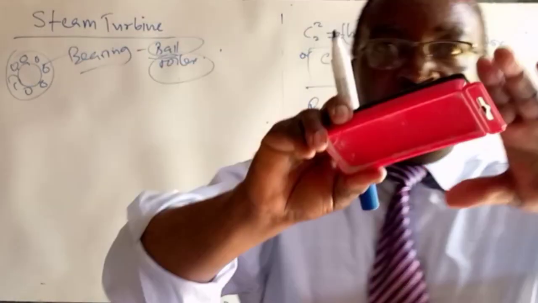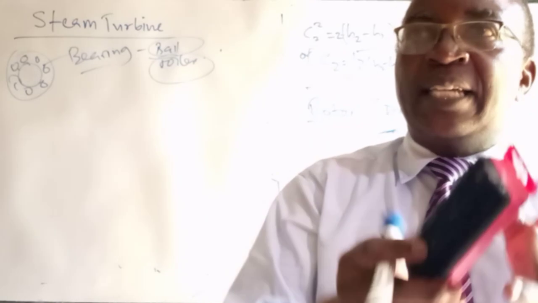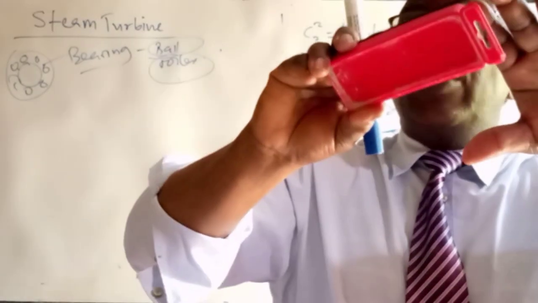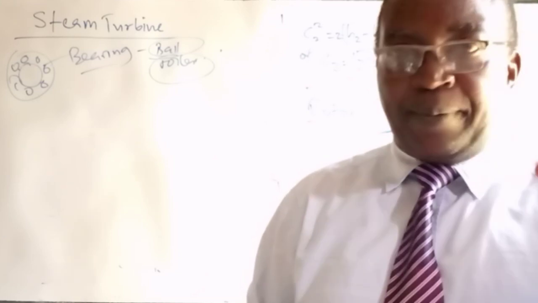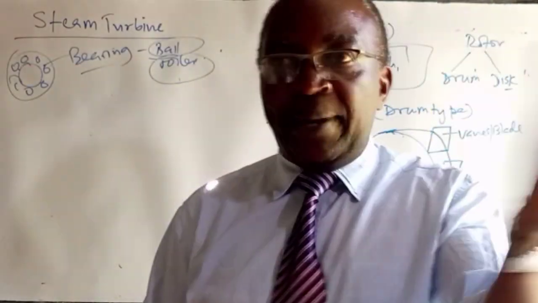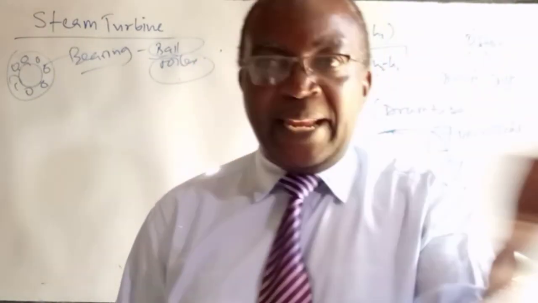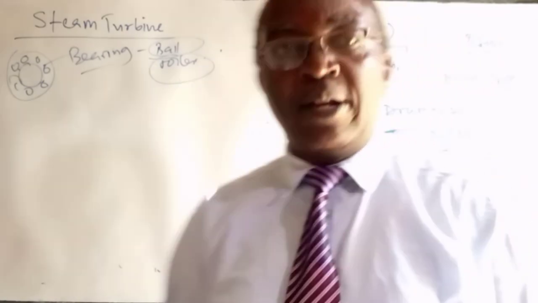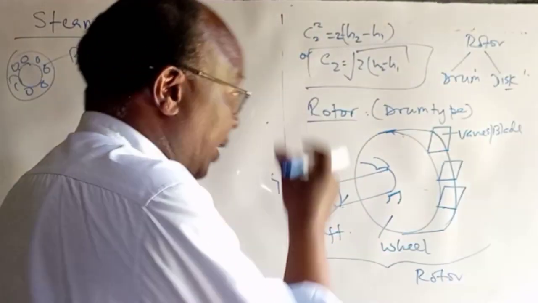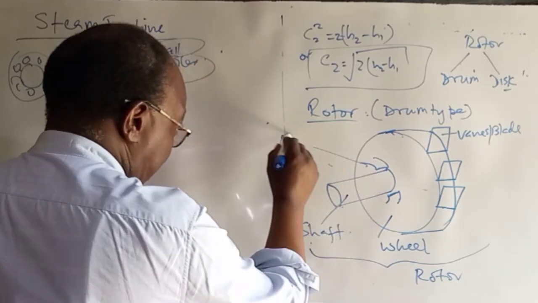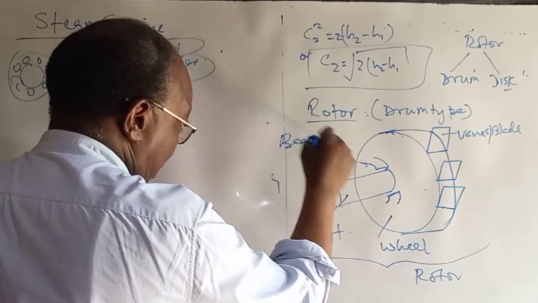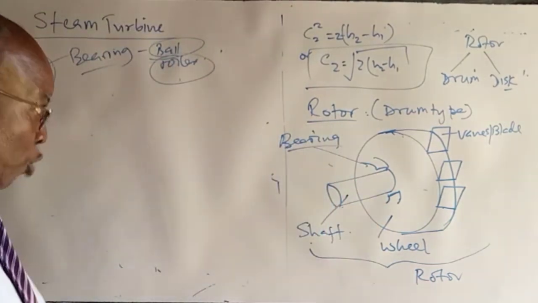First of all, because of frictional forces, it will lead to asymmetry even in that hole. It will literally eat up the hole, and the next time they will be wobbling. The wheel will be wobbling and wobbling, and of course, there are mechanical consequences which come with that. So it's mounted on a bearing for ease of motion.